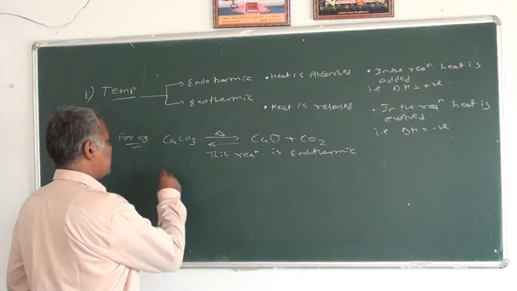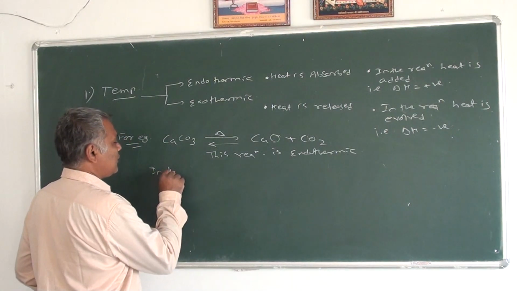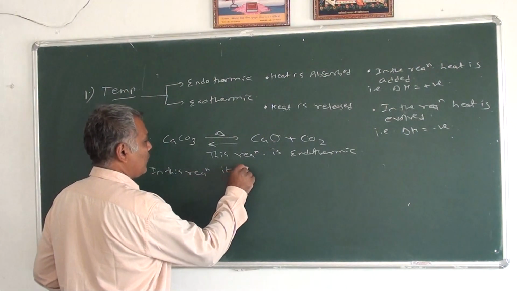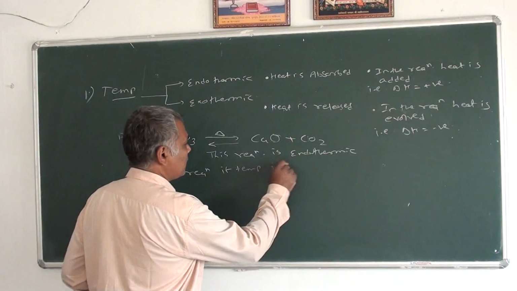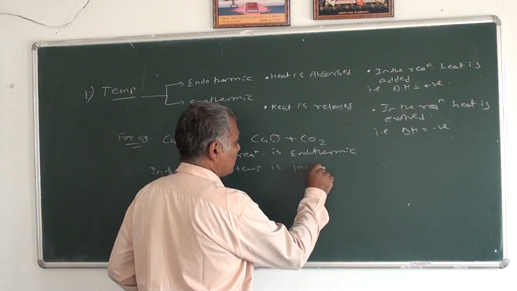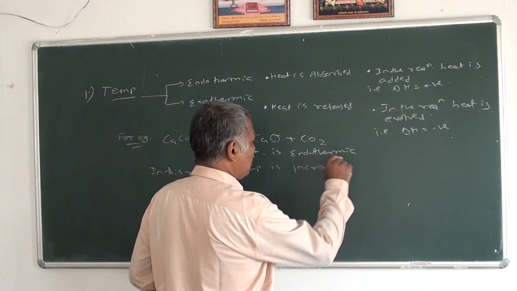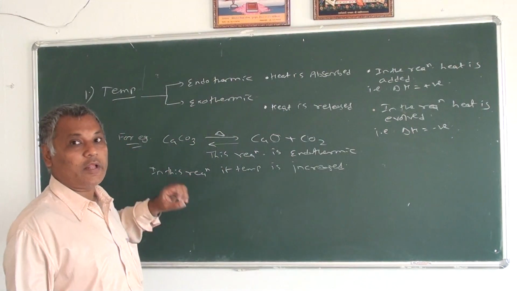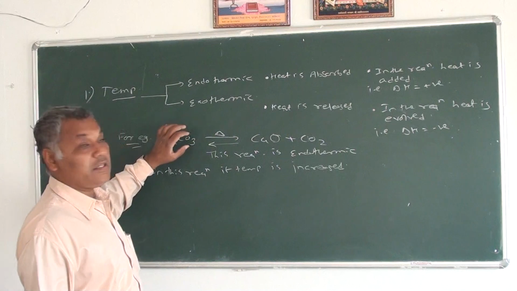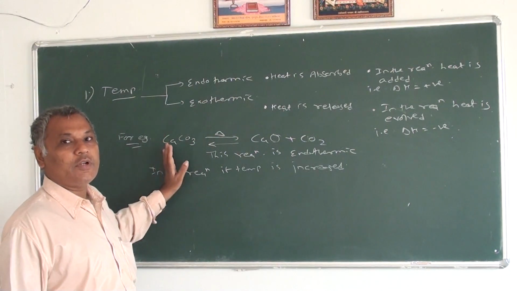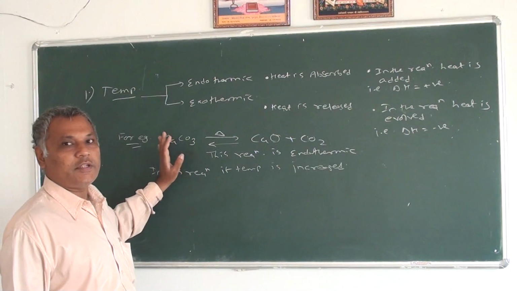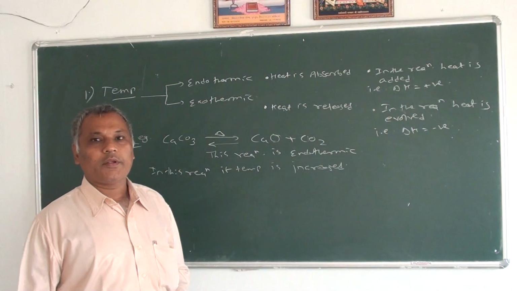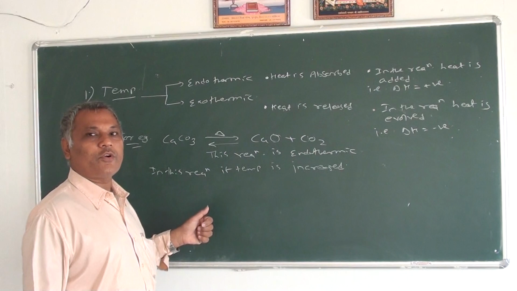Now the question arises, in this reaction, if temperature is increased, now in this reaction I am increasing the temperature. Now what happens? See, already it needs heat, and by utilizing the heat, it is getting converted into CaO and CO2. And if I provide the temperature, what will happen?